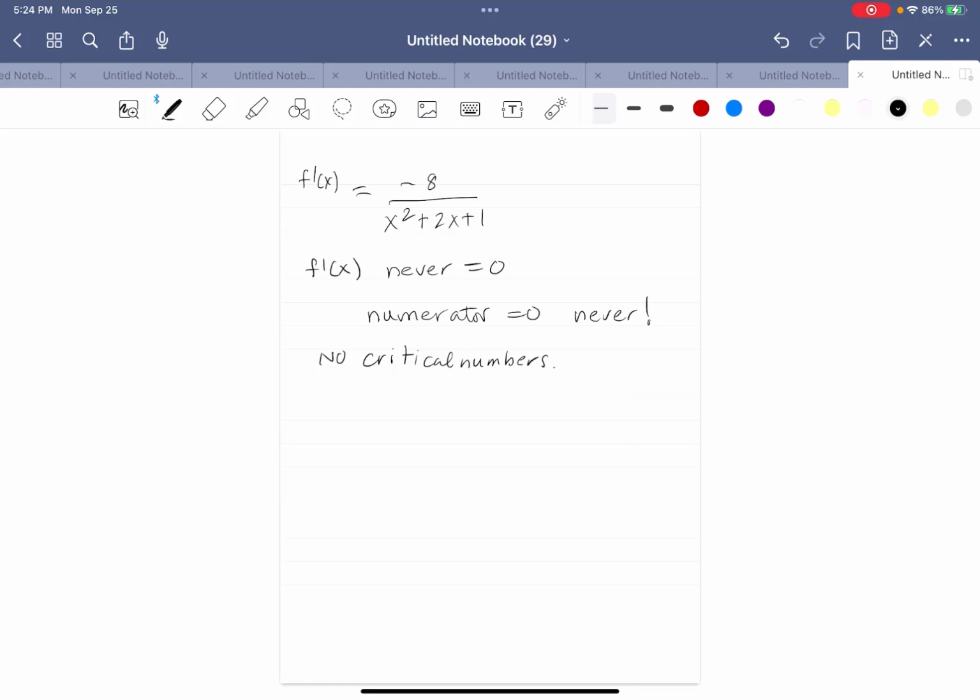However, we do have a value which makes the derivative undefined and the original function undefined, and that is x equals -1.